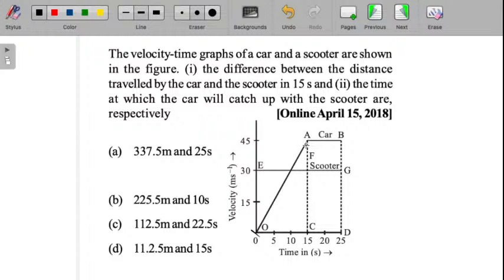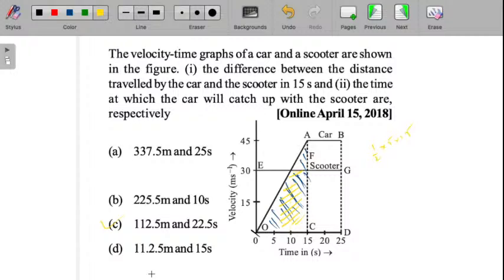The car travels the area that is red, let's say this area. The scooter travels the area that is yellow, let's say. So the difference is just going to be this area of a triangle, which is half base into height. The base is 5, the height is 15, so half 5 into 15 is 112.5 meters. So this is our answer.